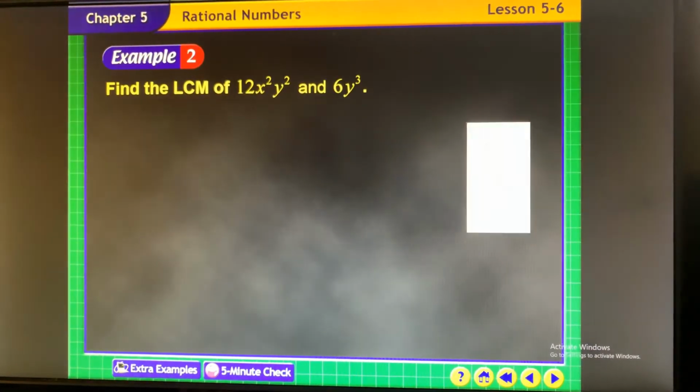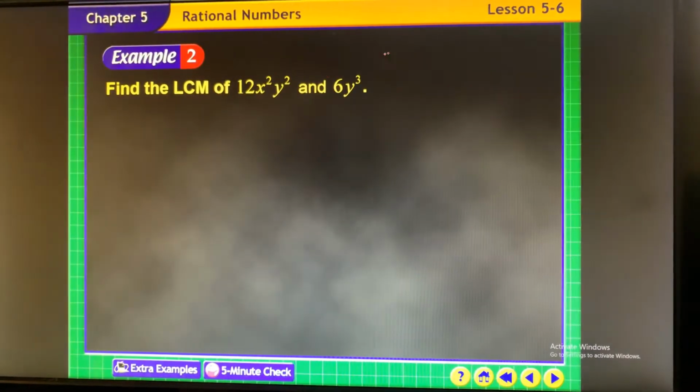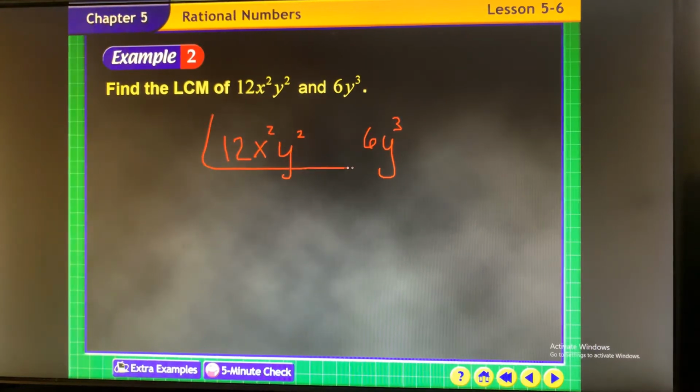When they're algebraic fractions, it's really not that much harder. So again, we could cake it. x squared, y squared, and 6y cubed. What's the biggest number we can take on the outside? 6. What's the greatest amount of x's?